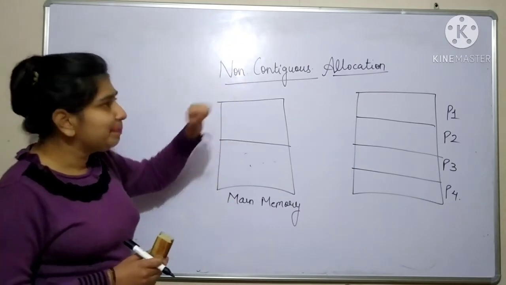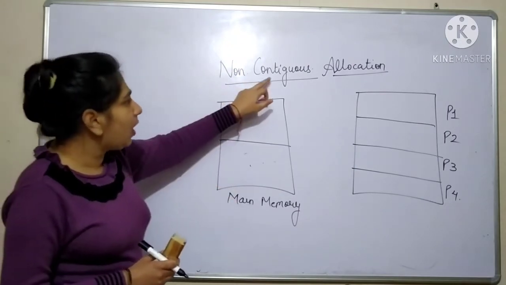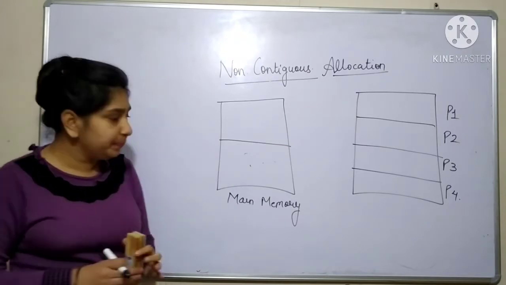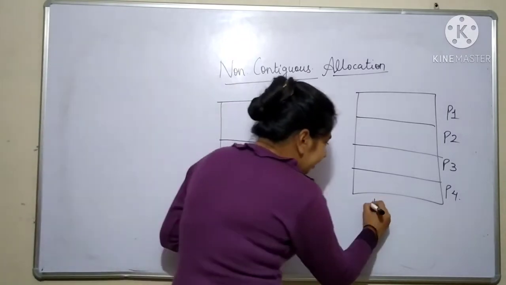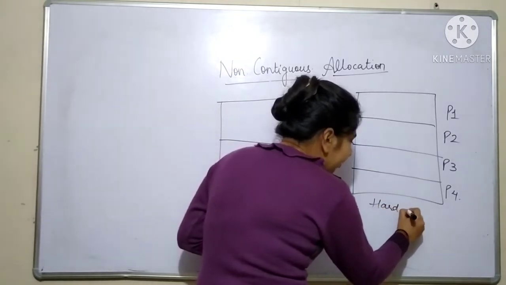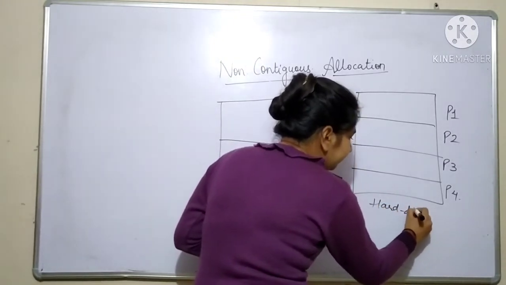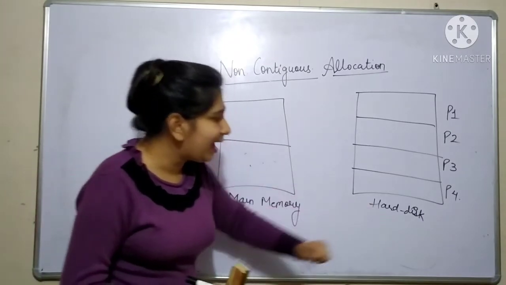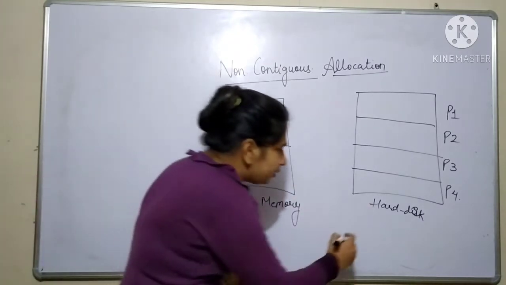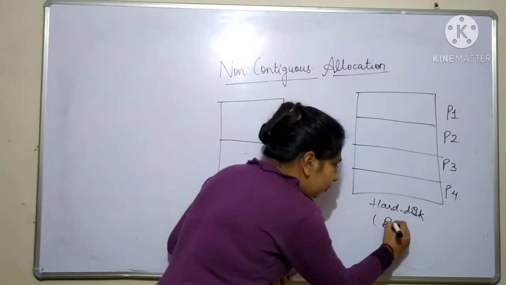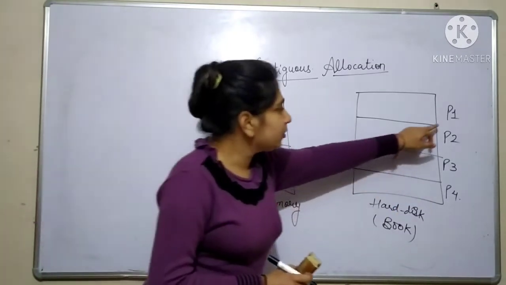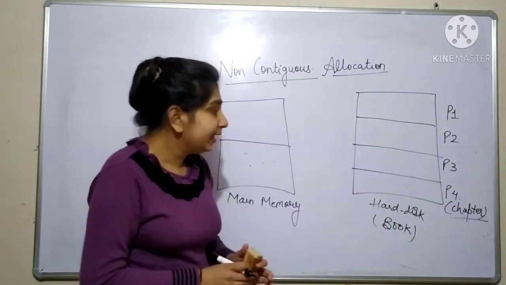To implement non-contiguous allocation, we have divided our process into pages. This is my hard disk. I am considering my hard disk as a book, and these are processes 1, 2, 3, 4.